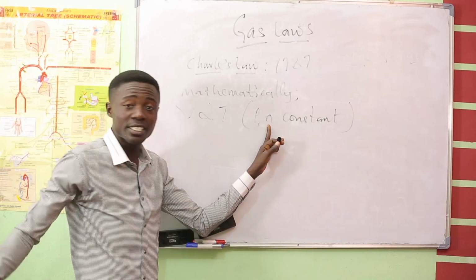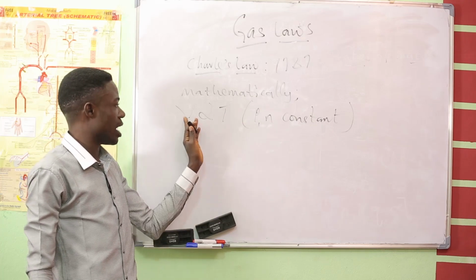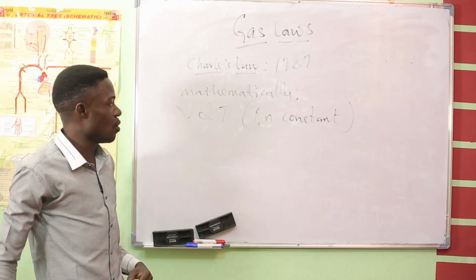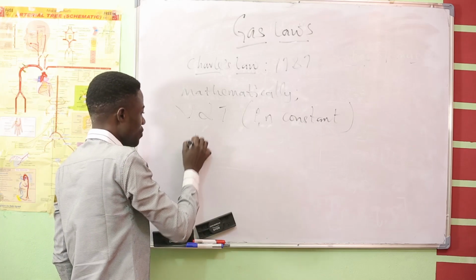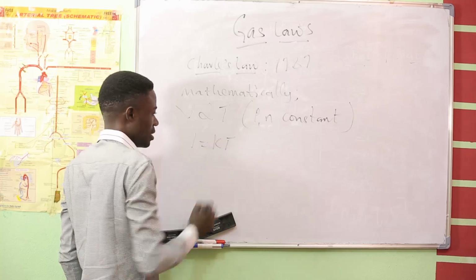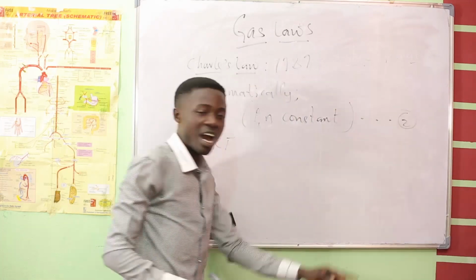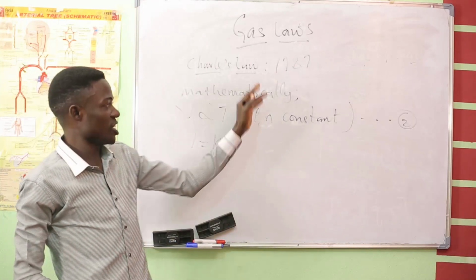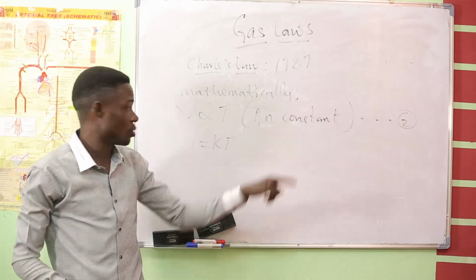The N here is the number of moles, while P is pressure, T is temperature, and V is volume. If we remove this sign of proportionality, we have V is equal to KT. All right? Let's call this equation 2. Remember, we have equation 1.